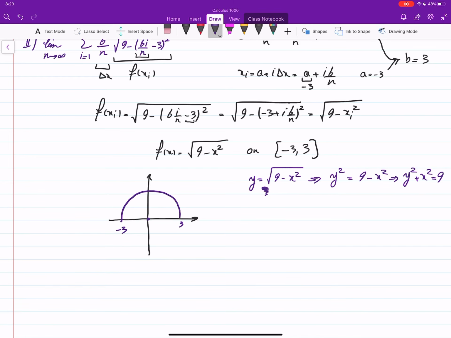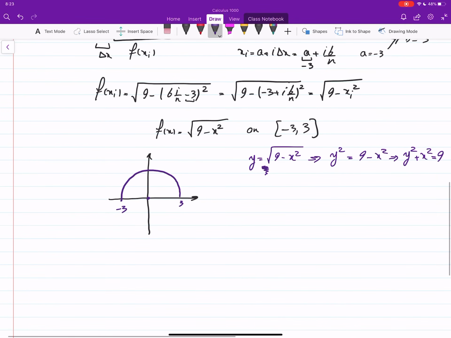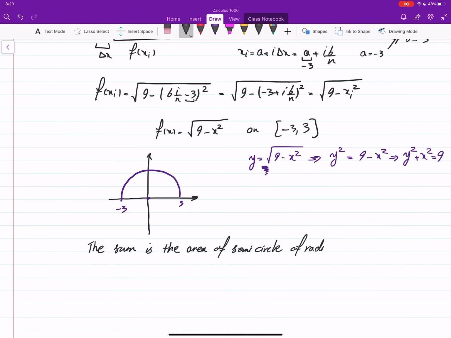So this sum is the area of a semicircle of radius 3.